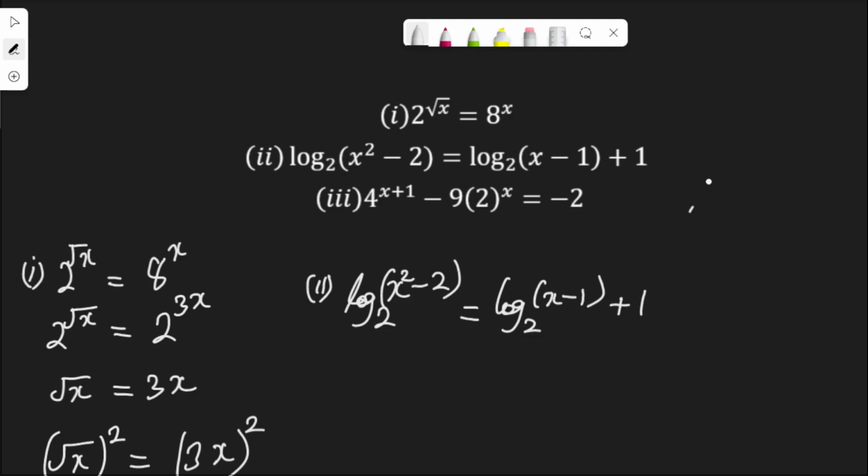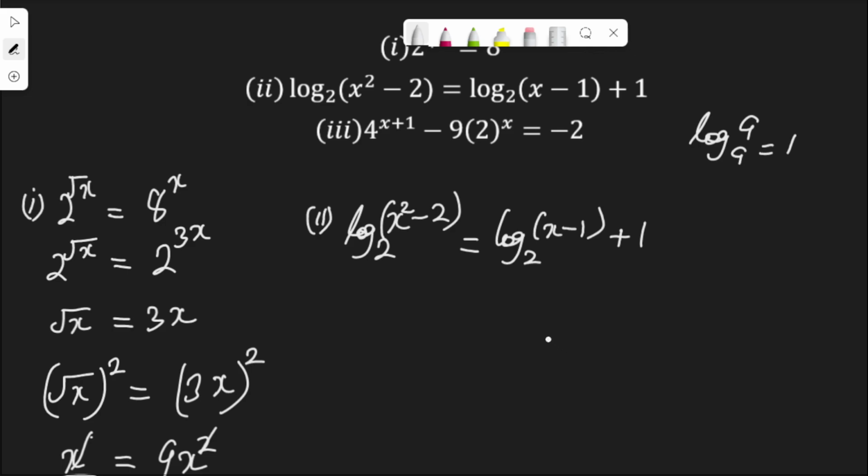We know that log of a to base a is 1. In other words, the logarithm of a number to the same base is 1. Look at all the logarithms here, they are to base 2. So to express this 1 in logarithm, that will be log 2 to base 2. Based on this law here, log 2 to base 2 is 1.